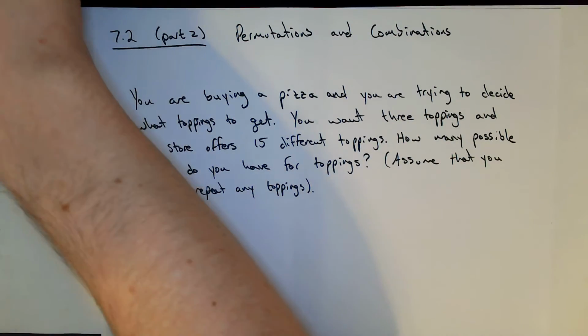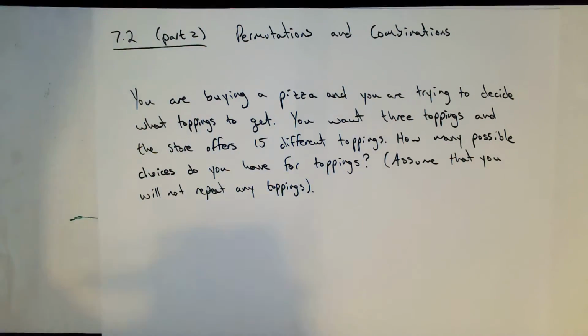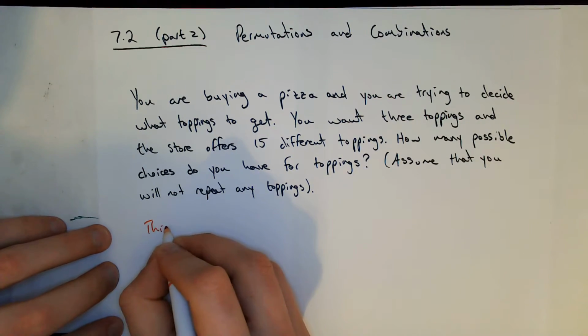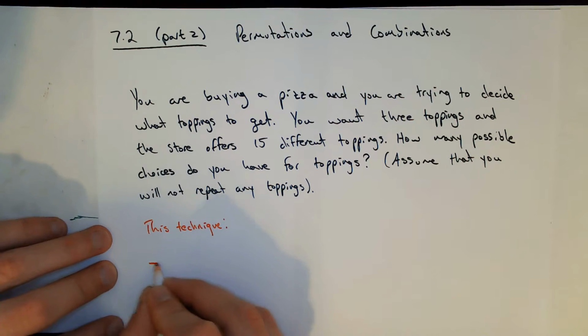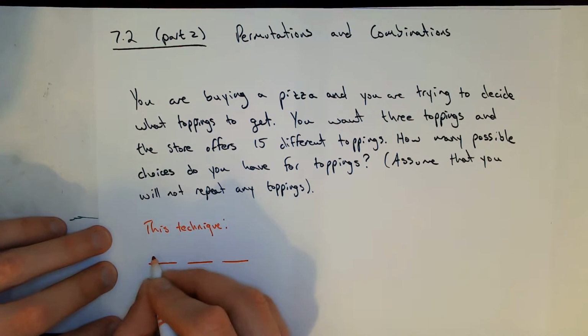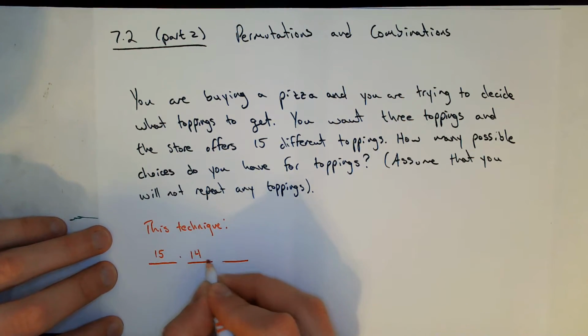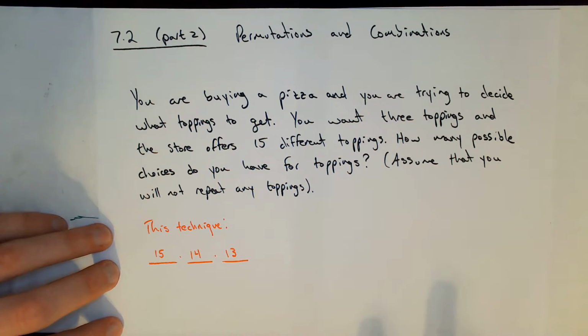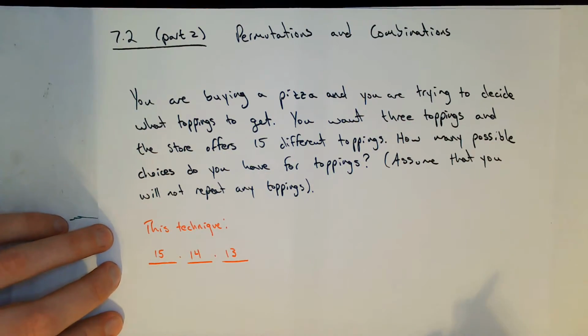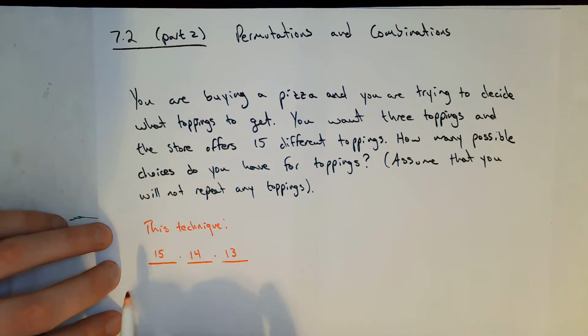So, in red here, this technique, where we would say 15 times 14 times 13, which is what we used in the first part of 7.2 to count up things when you're not allowed to repeat, right? So you have 15 choices for toppings in the first position, then 14, then 13, and you may say, yeah, sure.